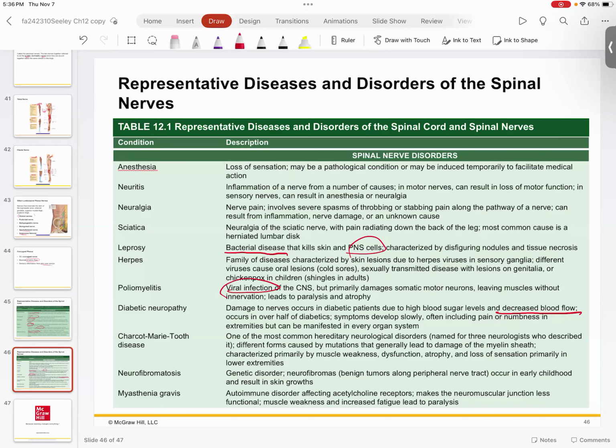And so you kind of get this sort of general, extreme numbing. And that could be a problem that gets worse and worse. And myasthenia gravis is an autoimmune disorder that can cause major muscle weakness and paralysis. Of course, neurofibromatosis is basically we have neurofibromas, benign tumors that are associated with your peripheral nervous system, and this is a genetic disorder.